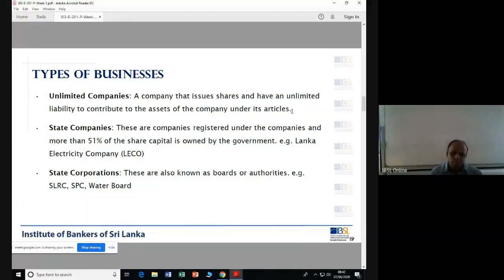I have already spoken about the term shares and the term capital. The combined term is called share capital, the money that is held by the company. Very clearly it is mentioned that the ownership of the company is more than 51%.